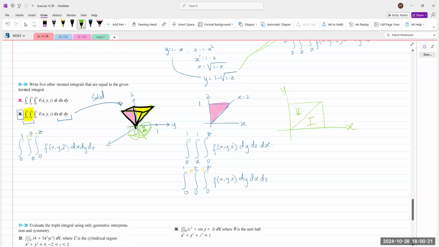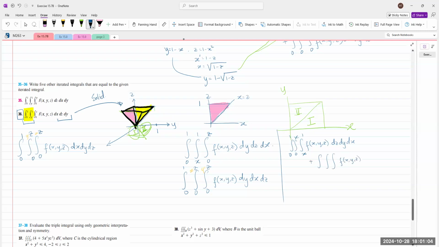In the first region, x will be from 0 to 1, the y will be from 0 to x, right? But then it will go into the solid from x equals z plane and gets out at 1, plus integral f x y z.